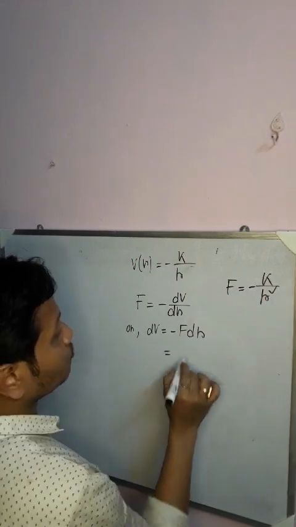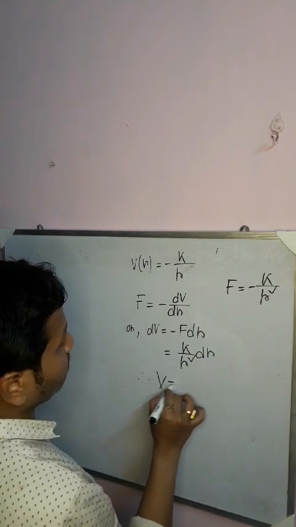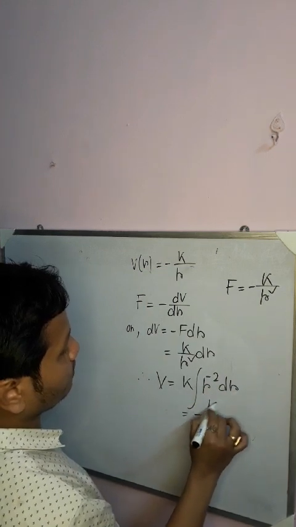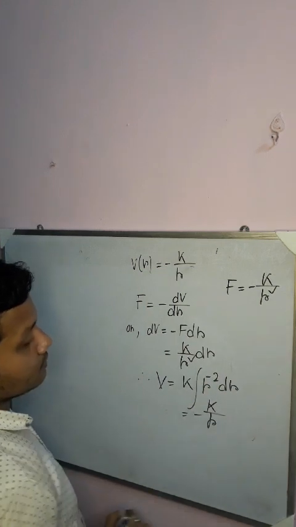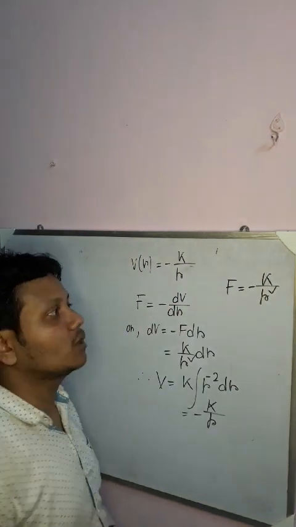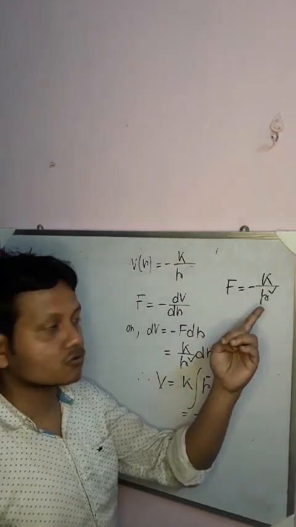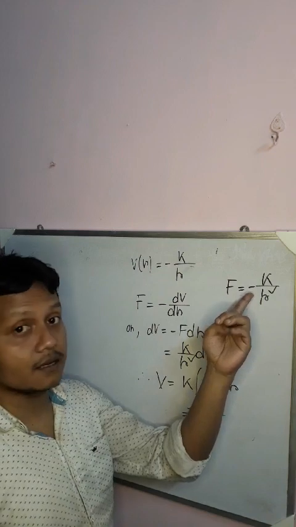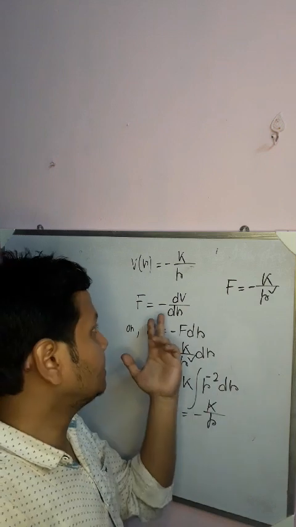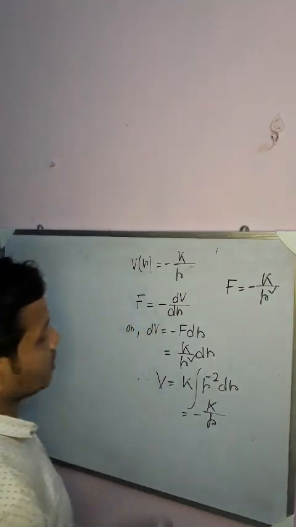So if you put it, k by r² into dr, and if you integrate, r to the power minus 2 dr, you will get minus k by r. So this is how the potential comes. Totally you have to consider this as an inverse square attractive force, that means 1 by r², and the minus sign means it is always an attractive force. So just put the value of F and integrate this expression, you will find the corresponding potential.